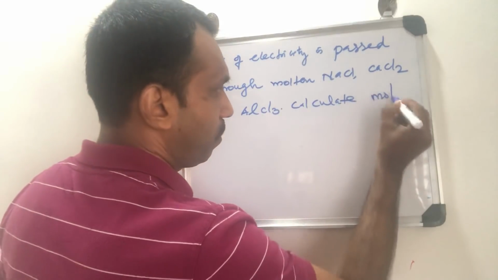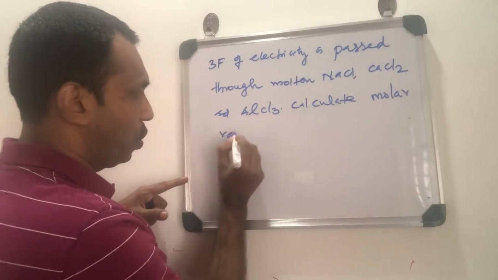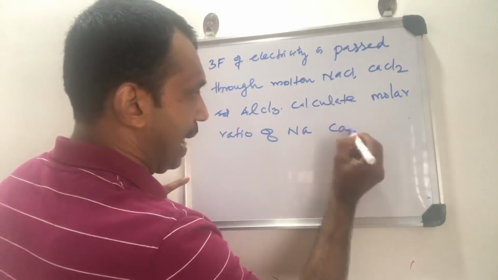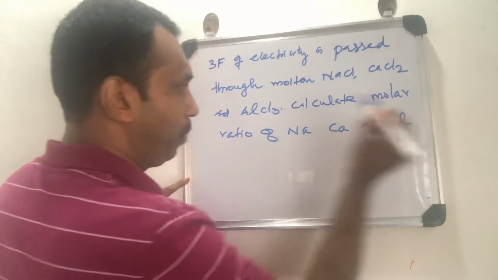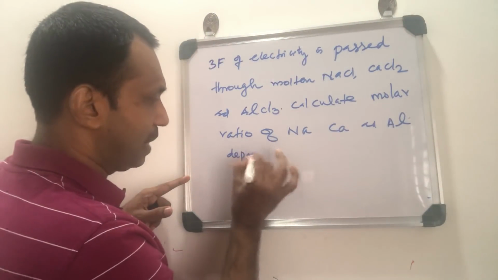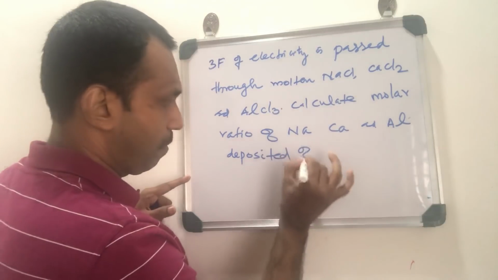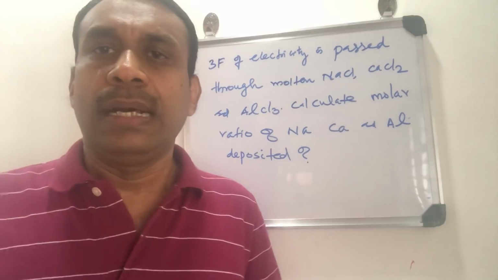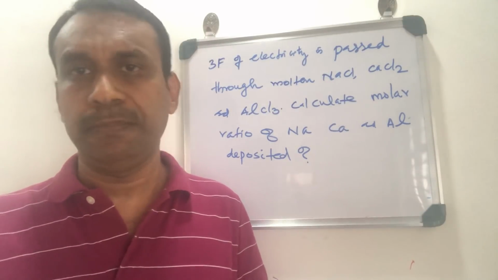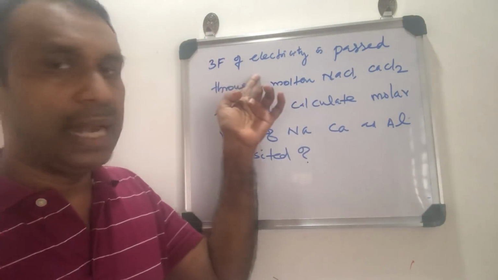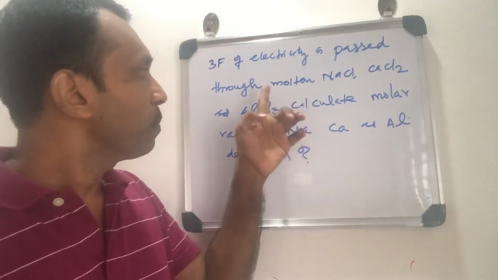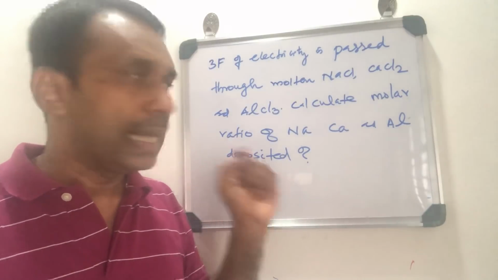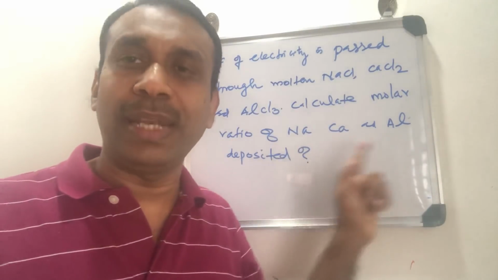Calculate the molar ratio of sodium, calcium and aluminium deposited. This type of question is asked in different entrance exams. Listen, 3 Faraday of electricity passed through molten NaCl, calcium chloride, aluminium chloride. Calculate the molar ratio of metal deposited.